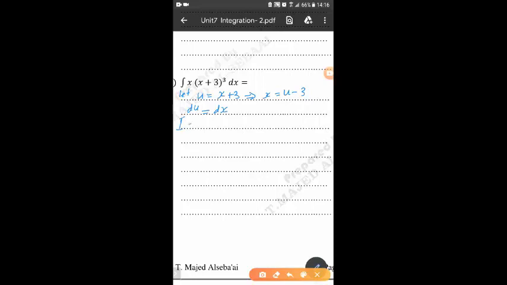So my integration is going to be, what is x? It's u minus 3, times u to the power of 3, because x plus 3 is u, du. Right? You remember this? It's from yesterday's lesson.